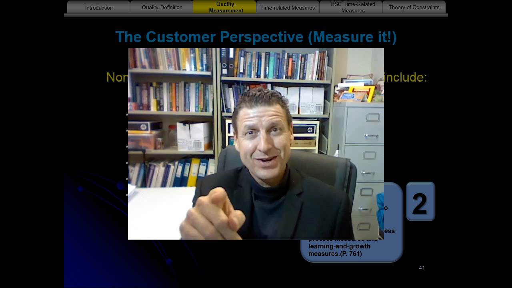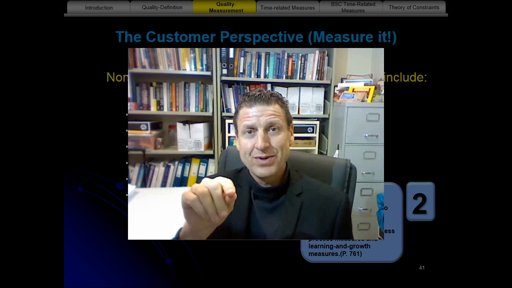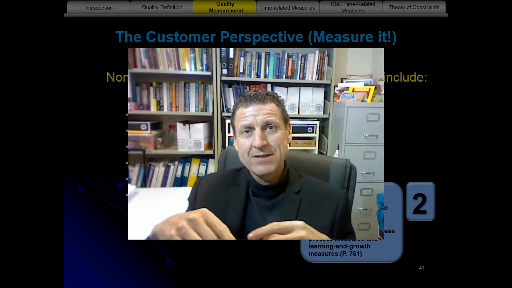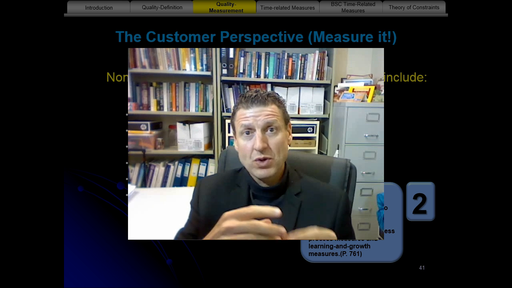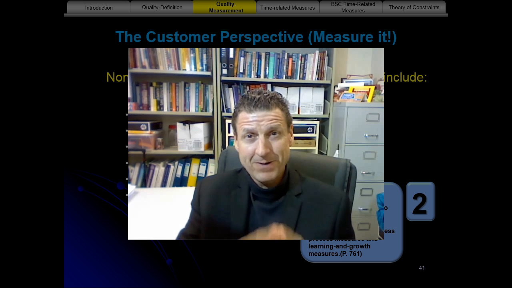It's part 2. I'm not going to let you go until you get a full understanding of what it's like to transfer into financial terms what is happening in the organization in terms of the quality and the processes involved.